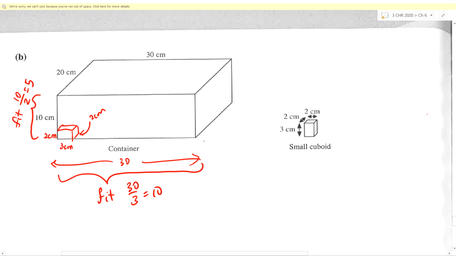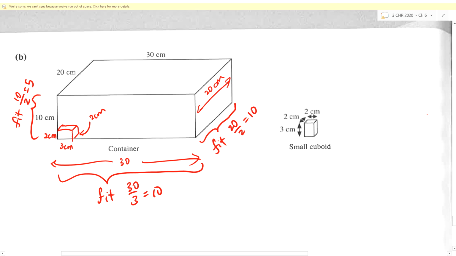Then, on this side, I can fit how many? Is it also 5? This distance over here is 20 cm. The dimension of the cuboid is 3 by 2 by 2. We have already used the 3 over here, we have used the 2, the remaining dimension is 2. So we can fit 20 over 2, which is 10.